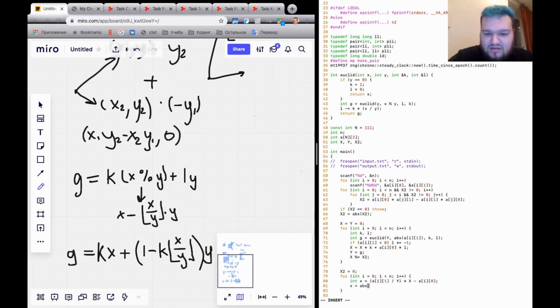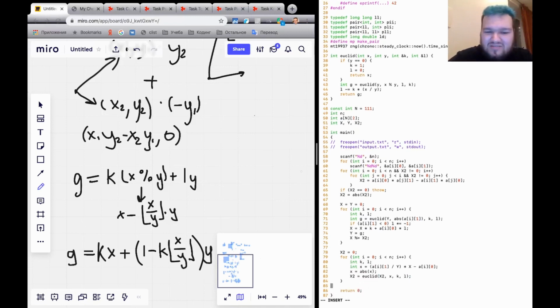Again, let's take absolute value, and x2 is just GCD of all x2 and x, and we have to use some variables here. We don't need them, but we have to use them. That's all.